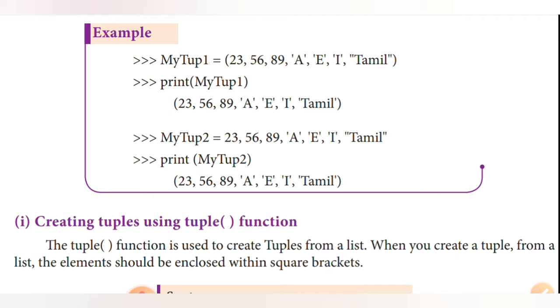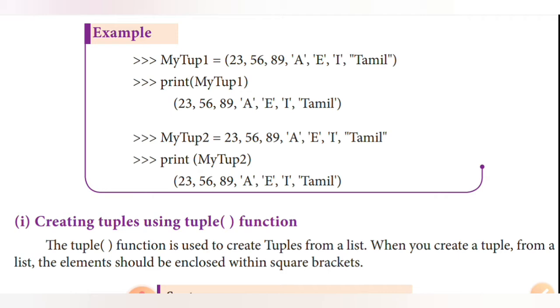These are the elements present in the tuple. For numeric integer values there is no need for quotes, but if you want to give characters or strings, you must enclose them in quotes. So 'A', 'E', 'I', 'Tamil' are considered string data, and we use quotes to represent them. The total number of elements present in this tuple is 7.